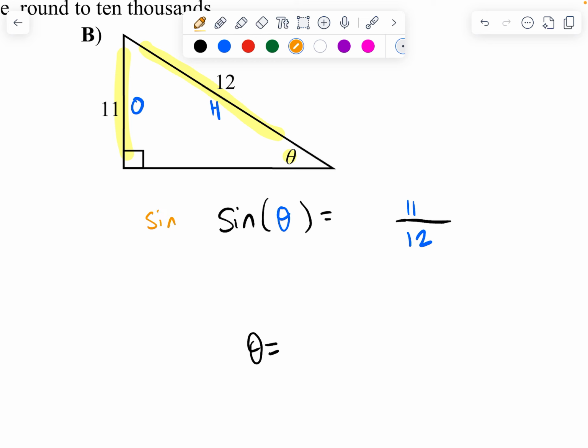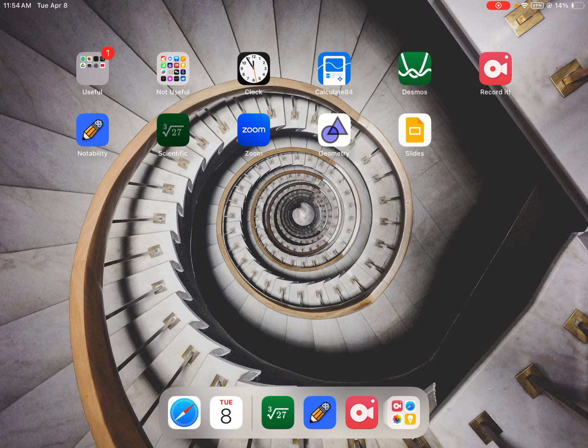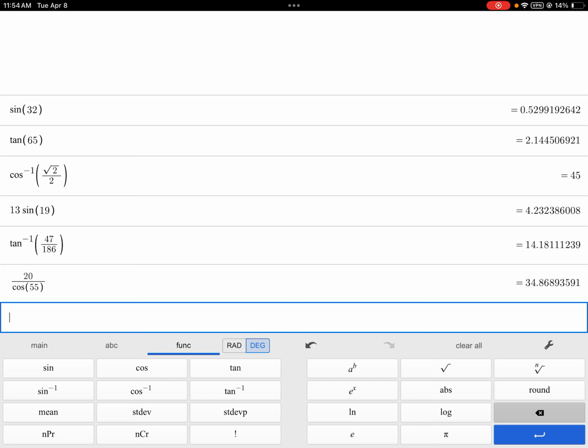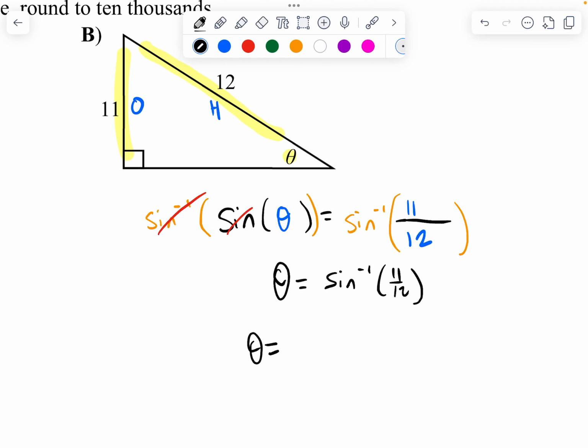Only way to undo that is with its inverse. And what I do to one side, I do to the other, right? Those undo each other and leave you with just theta. So theta equals inverse sine of 11/12. Solve for theta, you're good to go, right? And then this goes straight into your calculator. So we have inverse sine of 11/12, and 66.444 will be our answer.